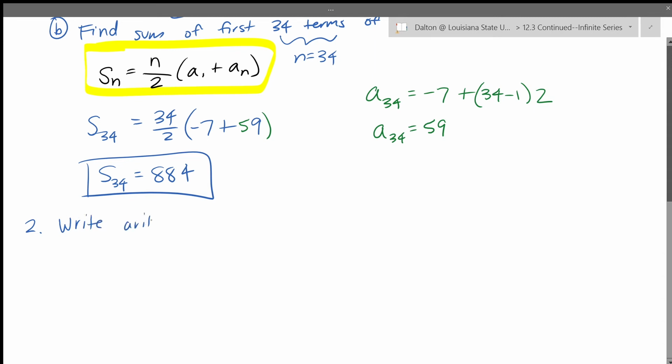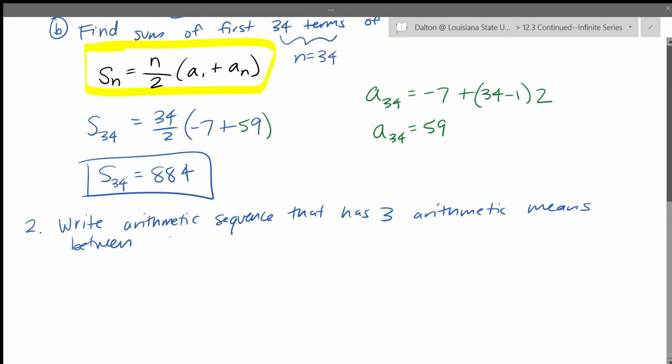Write the arithmetic sequence that has 3 arithmetic means between 3.2 and 4.4.